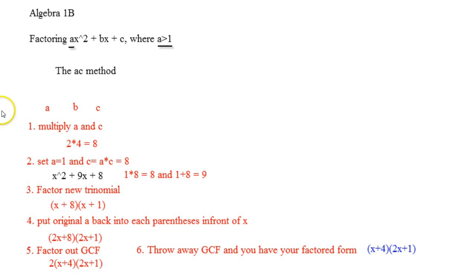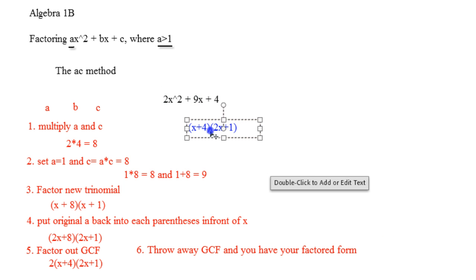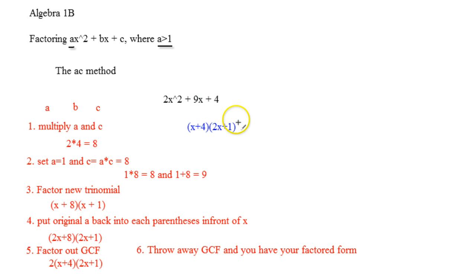Well, if you go back to the beginning, let's put a 2 in here and a 4 in here. If we were to FOIL, this should work, because if you remember, factoring is reverse distribution. So we go x times 2x and we get 2x squared.